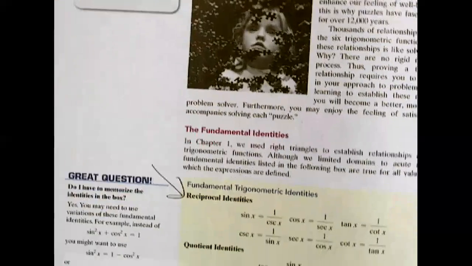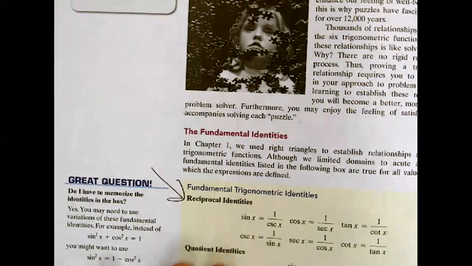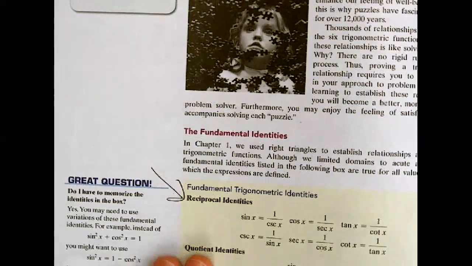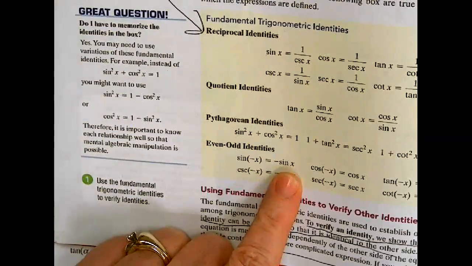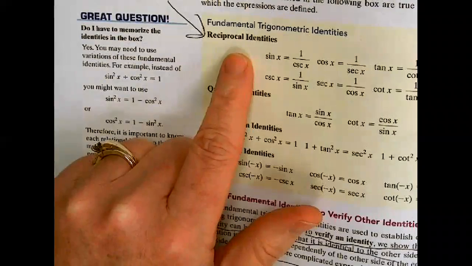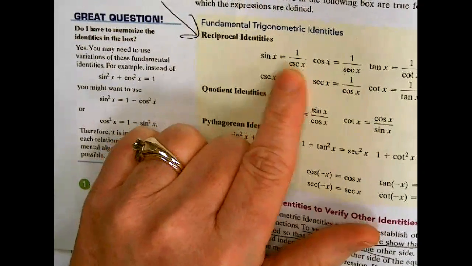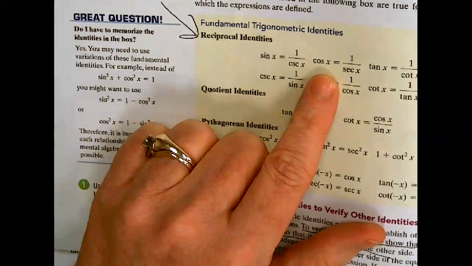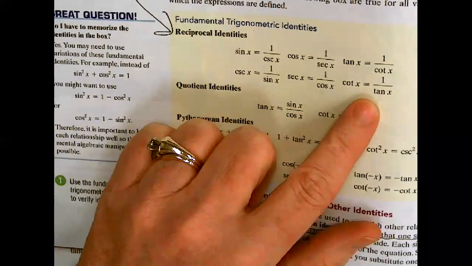In your digital textbook, and also I sent y'all a PDF file of some of these pages, you'll find these identities. These are the same identities that are on that sheet, and they're grouped by name. There's some reciprocal identities, which means that sine is 1 over cosecant, cosine's 1 over secant, tangent's 1 over cotangent, cotangent's 1 over tangent, and so on.